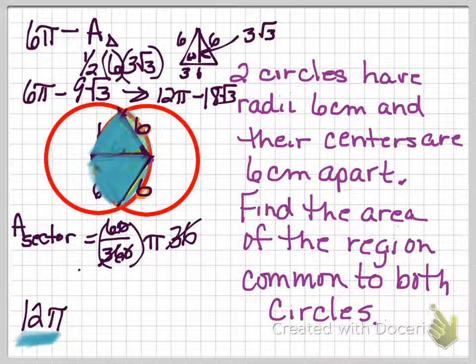That's my 12 pi. Then I'm going to have these 2 segments. My 2 segments are 12 pi minus 18 square root of 3.